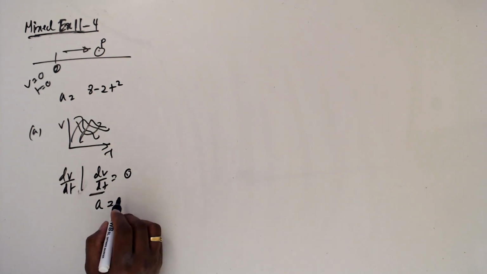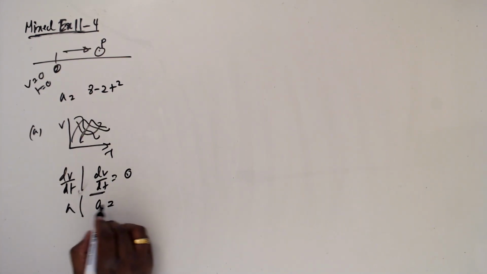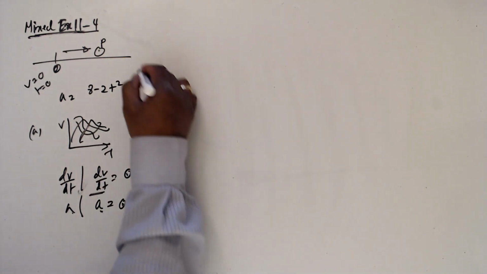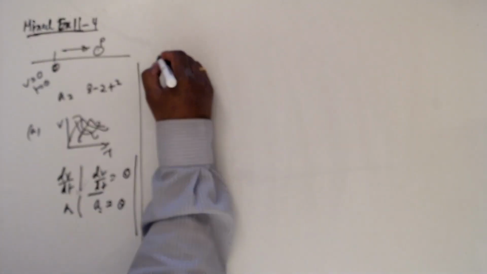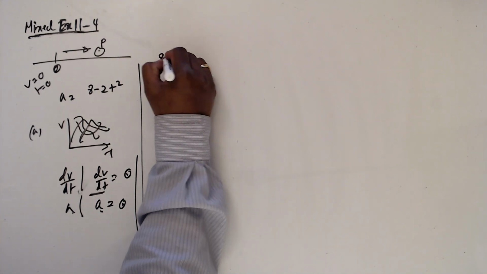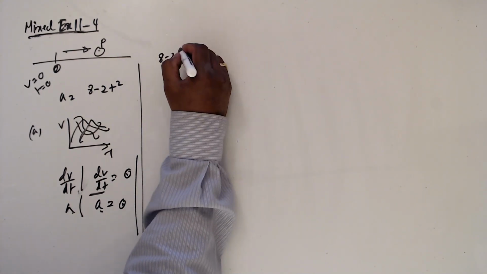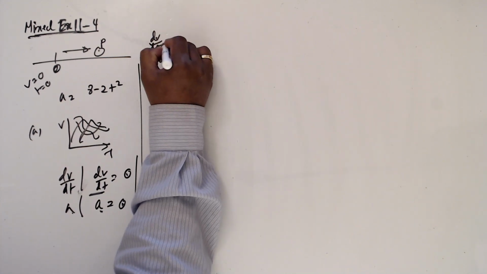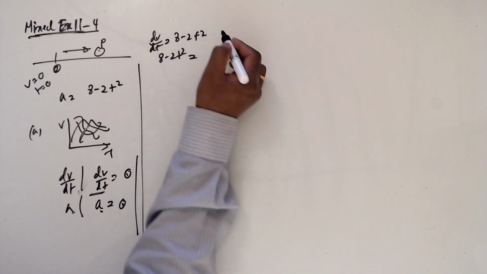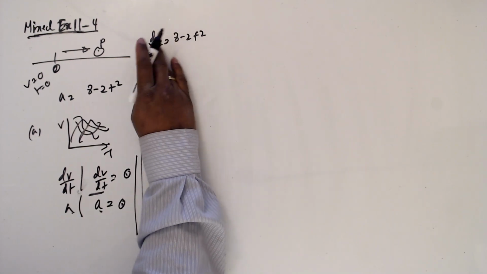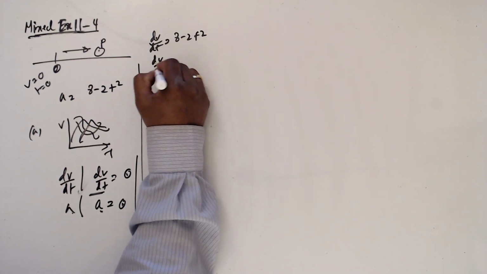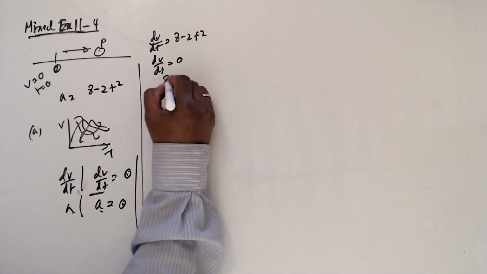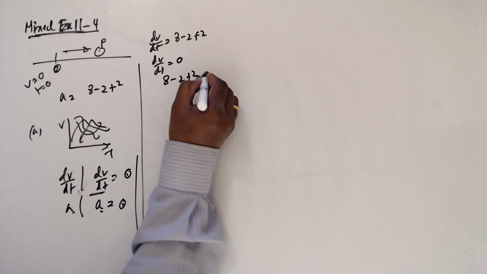So we want to make acceleration equal to 0 simply. So dv over dt is 8 minus 2t square, which is the acceleration. So dv over dt equals 0, that is 8 minus 2t square is 0.